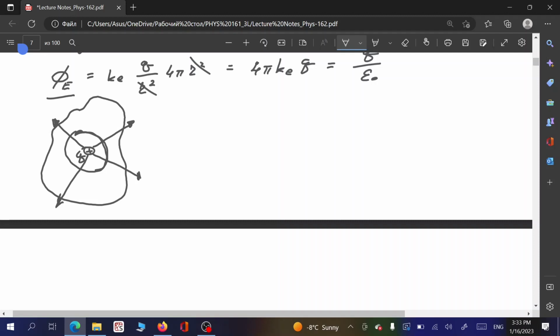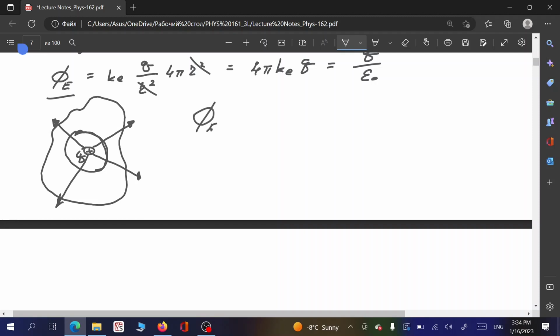So that means it does not depend on the shape of the closed surface. What really matters is the magnitude of electric charge enclosed inside any closed surface. That will define the electric field flux, and it will be equal, as we derived earlier for a spherical surface.